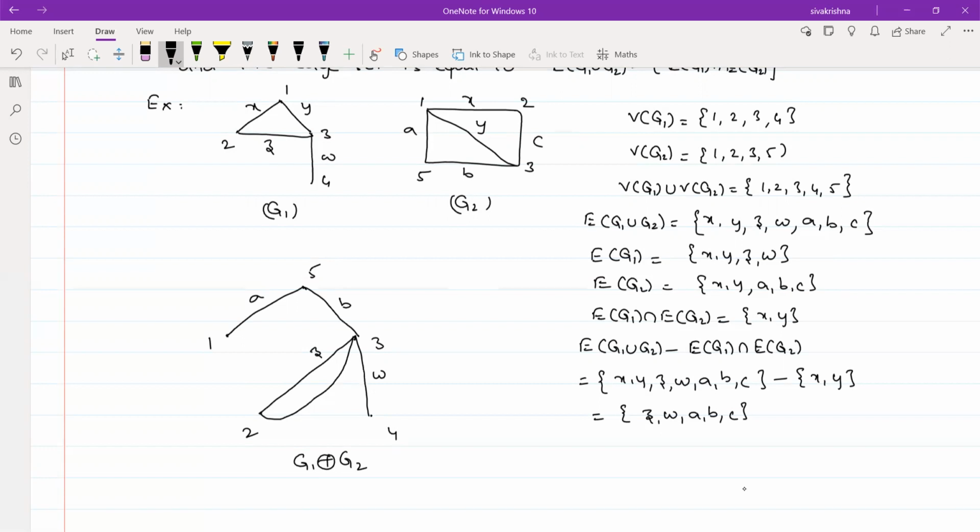Okay, so in this graph, the vertices are the union of both the vertices in the graph G1 and G2, and the edges, we have to find the edges in the ring sum of G1 and G2 by using the formula E of G1 union G2 minus E of G1 intersection E of G2.